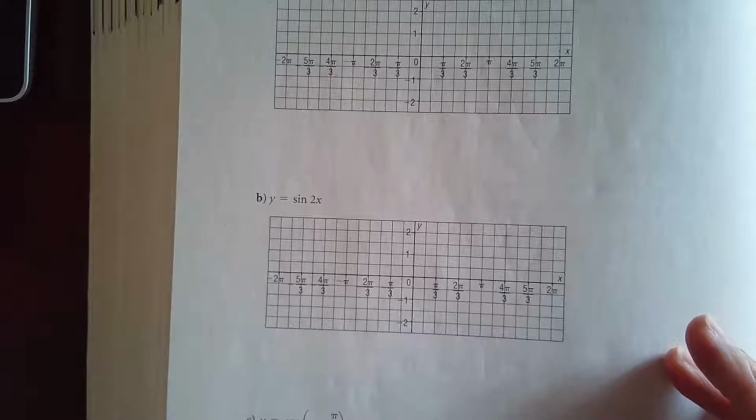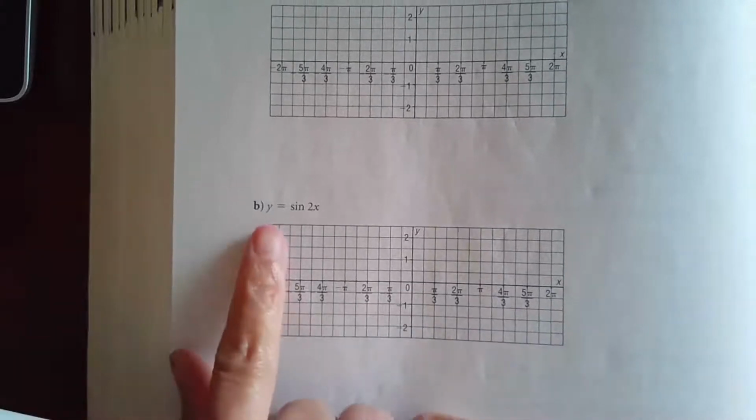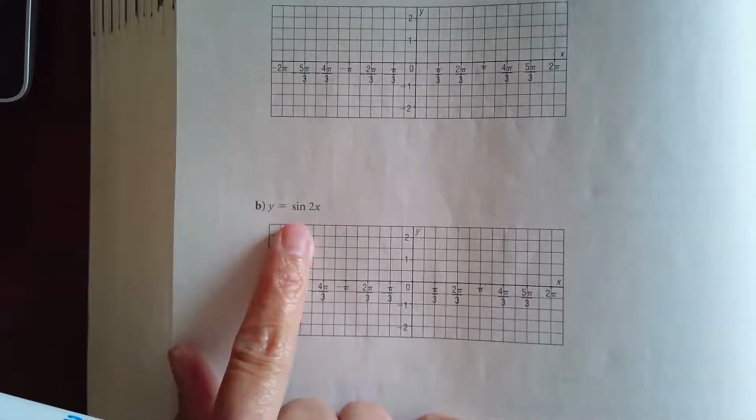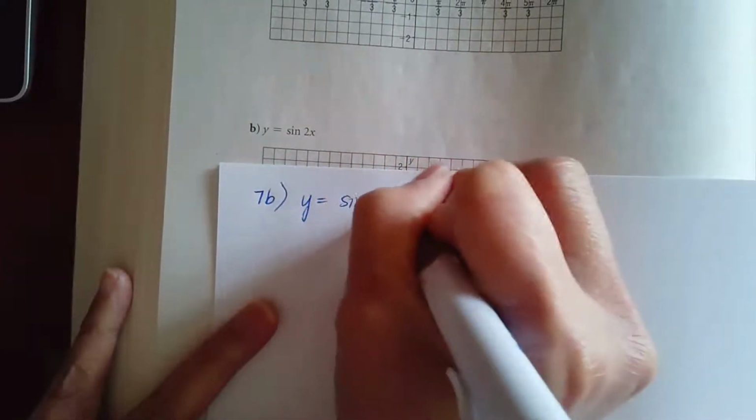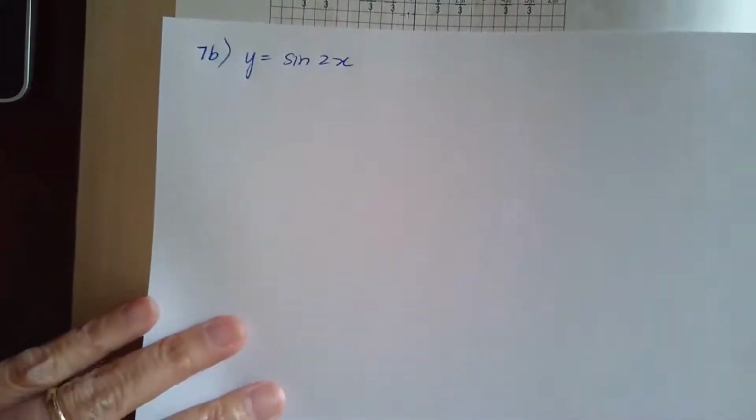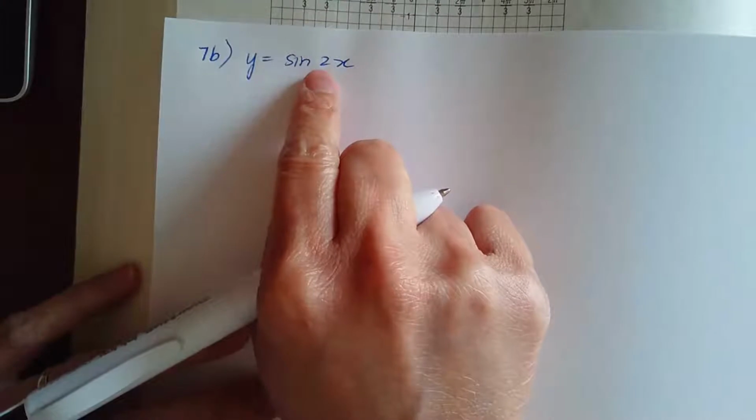Now what I'm going to do is y equals the sine of 2x. The only thing that's changed here is the b value.